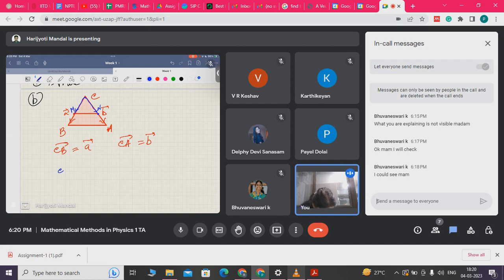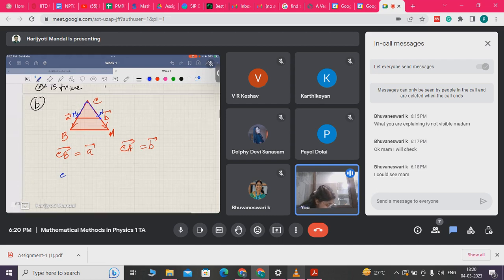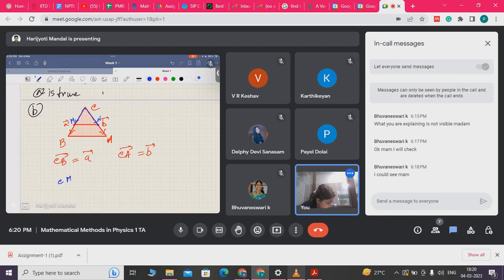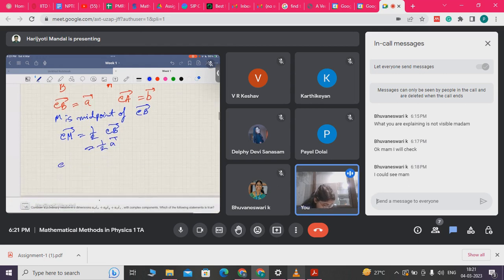So the statement already said midpoints of two sides, so M is the midpoint of CB, so CM would be half of CB, which is half of A. Similarly, CN is half of CA, which will be half of B.